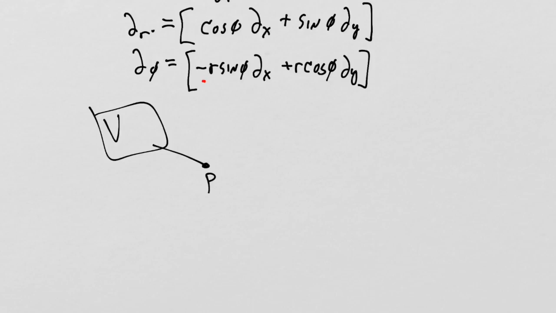So these two vectors, partial r and partial phi, are differential operators that can act on functions of the space-time, so they must be part of this vector space, because this vector space contains all the first-order linear differential operators, and these are first-order linear differential operators. And we have expressed them in terms of the coordinate basis at the point P. So at this point we're assuming that our coordinate system here is the x, y coordinate system.